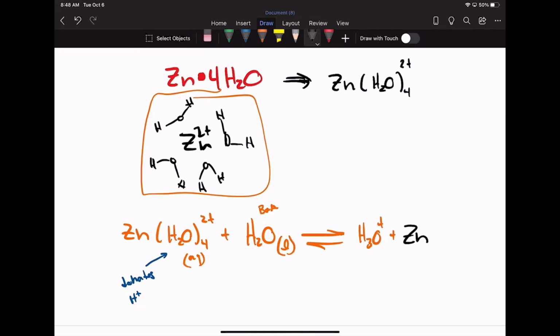I don't have 4 waters anymore, I only have 3. So we downgrade the number of waters to just 3. And one of them is now going to be OH minus. And then I'm going to reduce the charge on that and say that this is going to be plus, because now I have a negative charge on that.